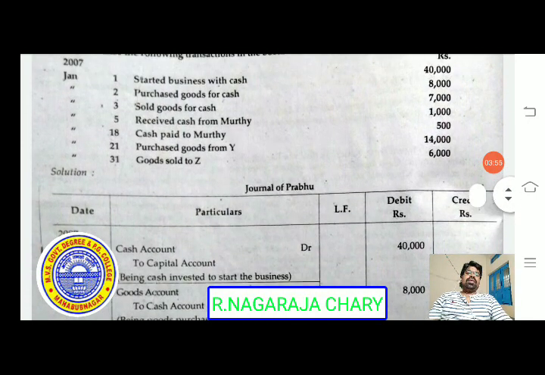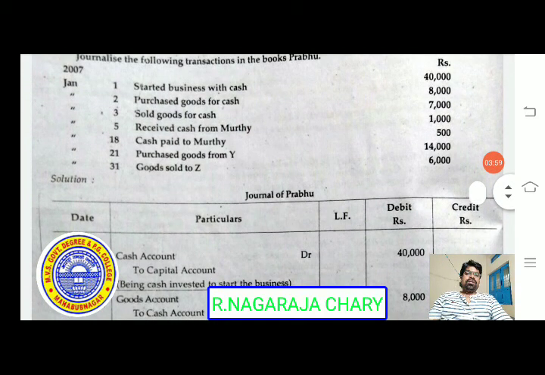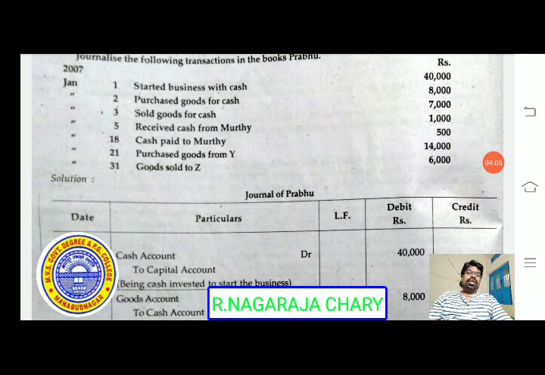What is the first transaction here? In 2007, January 1st, started business with cash. Here the person Prabhu started business with cash. According to the business entity concept, the business entity is separate from the person, the proprietor Prabhu.